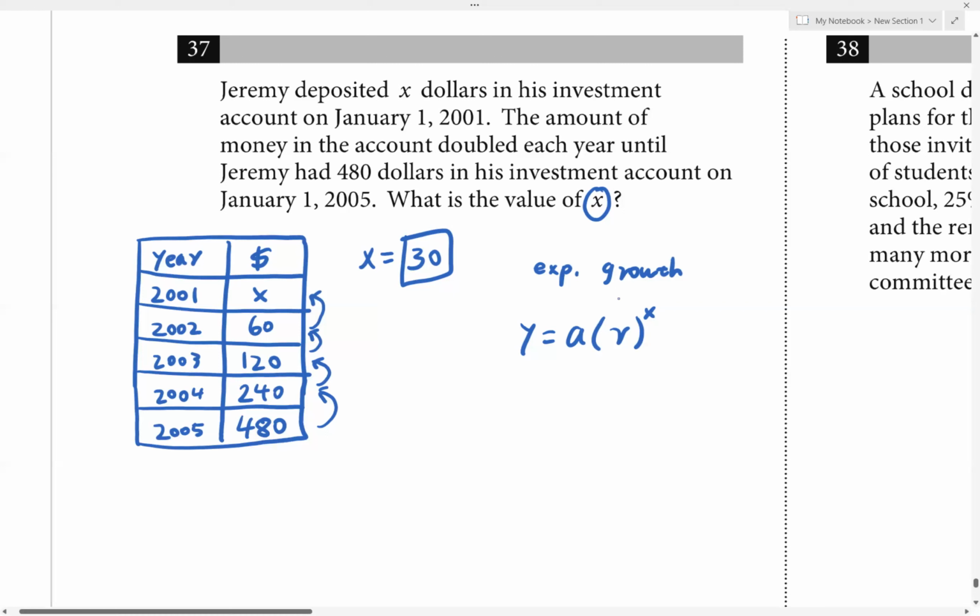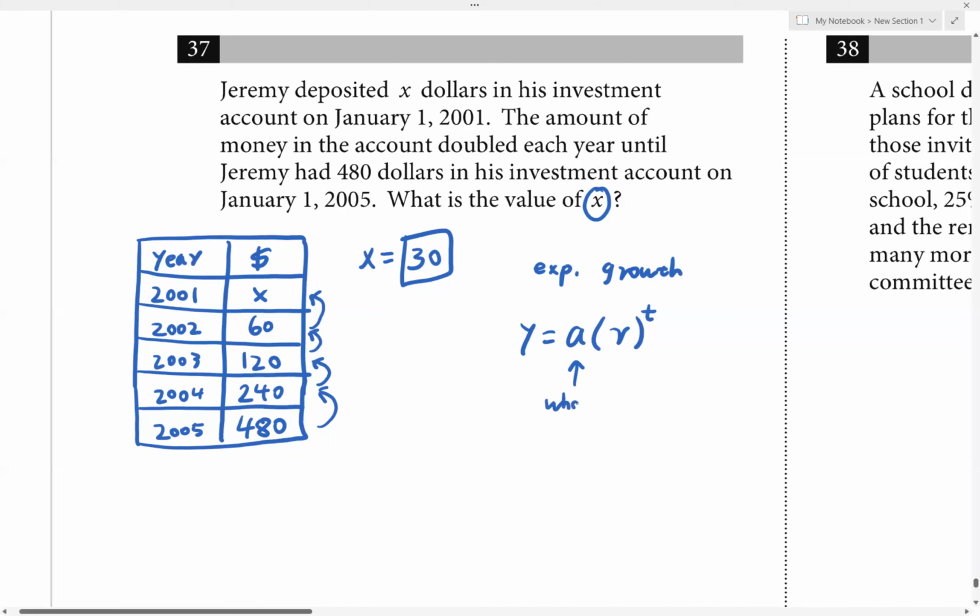And to relate to the model here, the y value will be how much money we have, and the x value will be the number of years, so that will be t. Let's just change it to a t to represent time. In the exponential growth model, the a value is the initial amount, the number that we begin with.